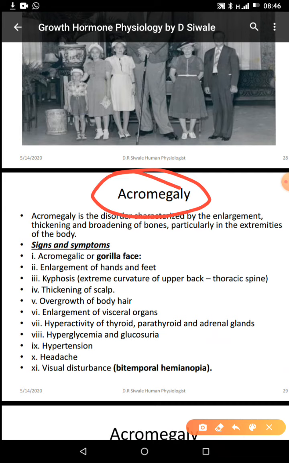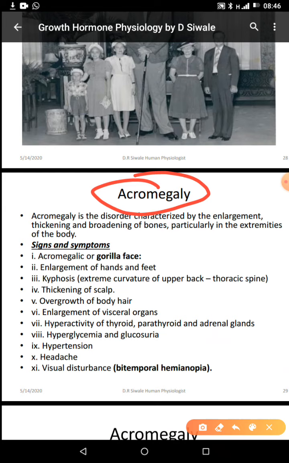Okay, the consequences of excess growth hormone differ depending on whether the excess occurs before or after puberty. So, before puberty, excess levels of growth hormone cause gigantism, that is increased linear growth because of intense hormonal stimulation at the epiphyseal plates.